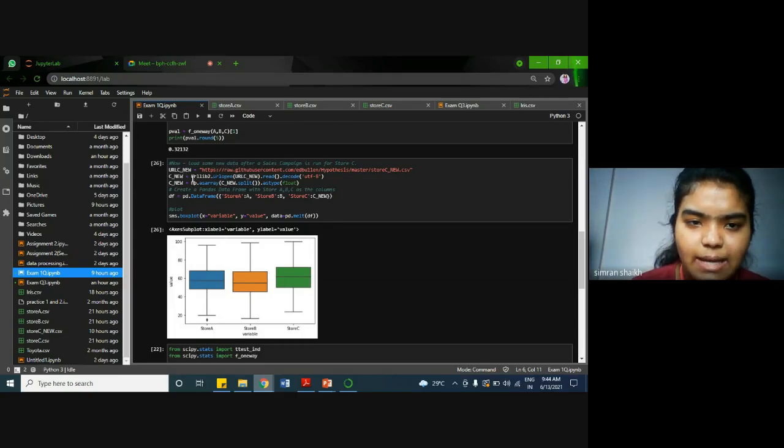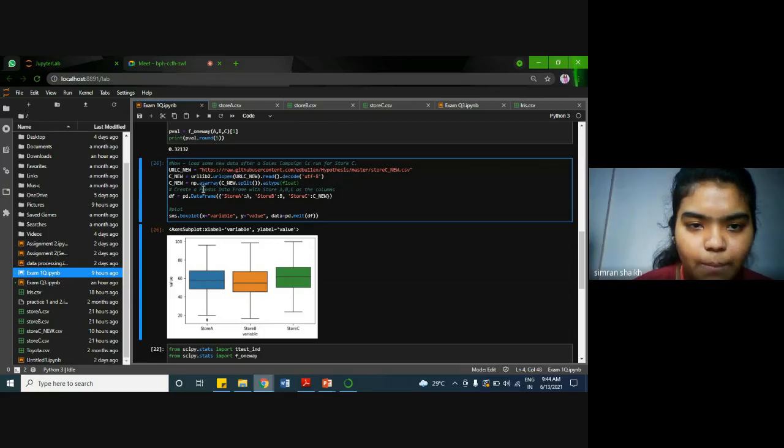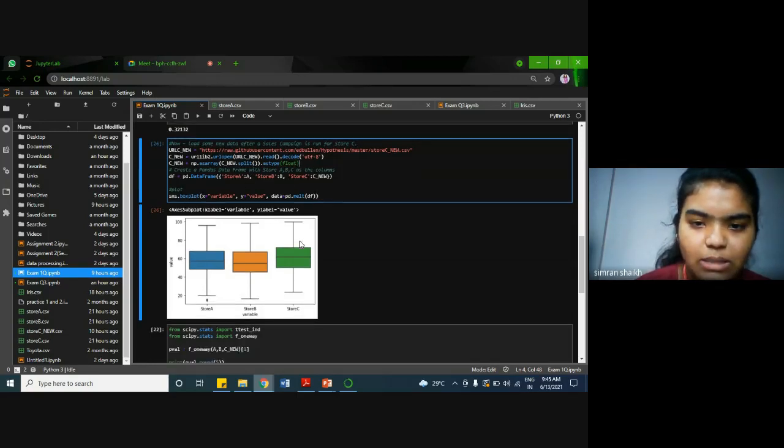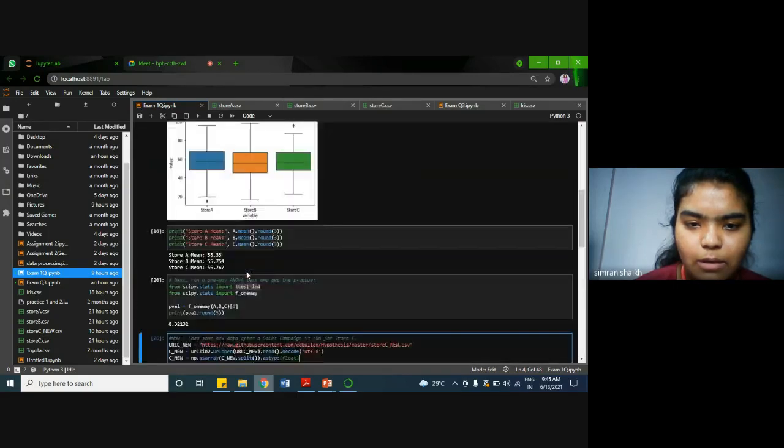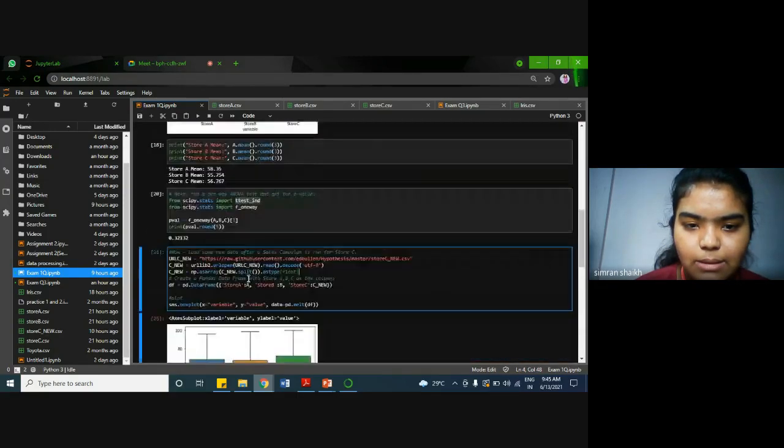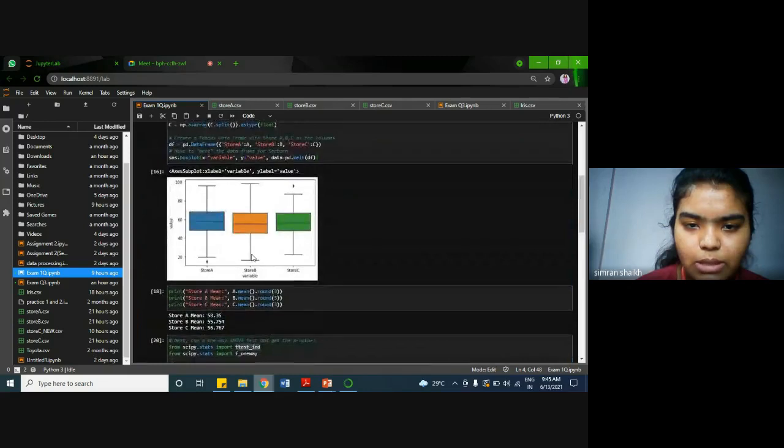On the second line, as you see, you are opening the data, reading it, converting it into float, then storing it again in a data frame, that is dataset A, dataset B, dataset C new. And you can see the difference in the plot diagram between C new and C before.